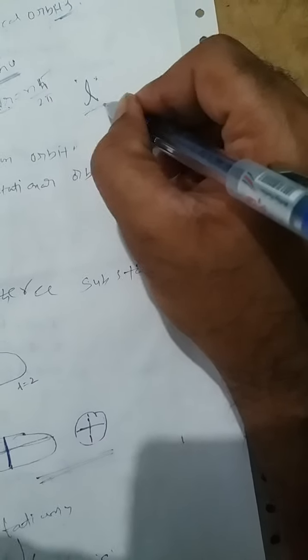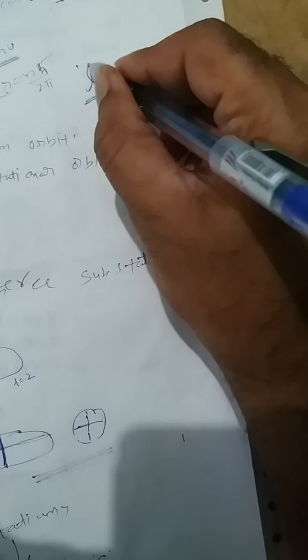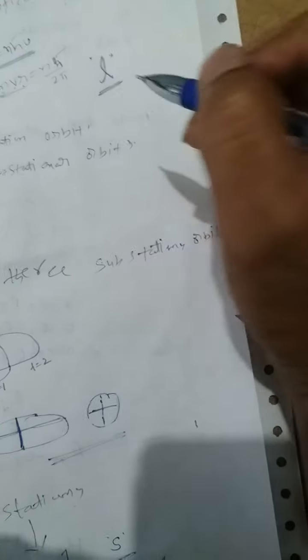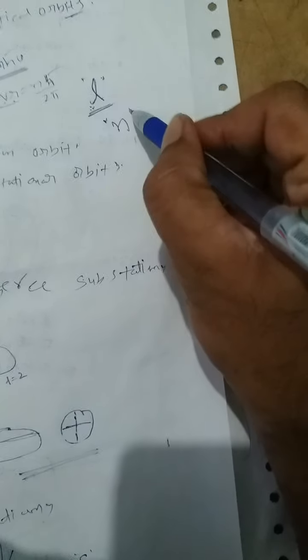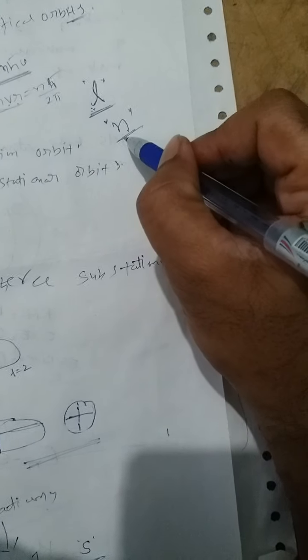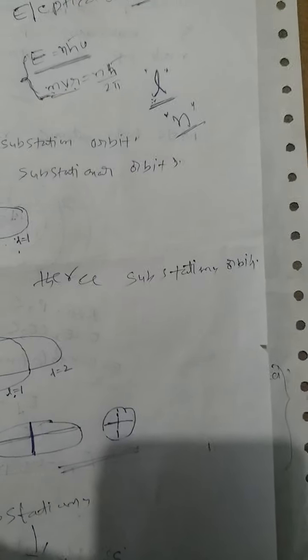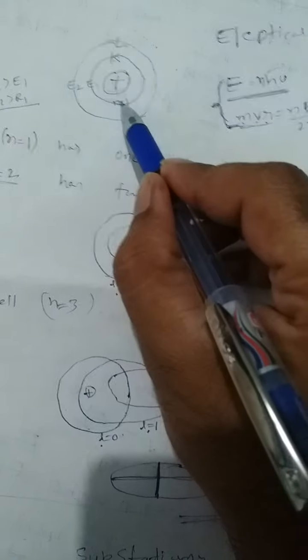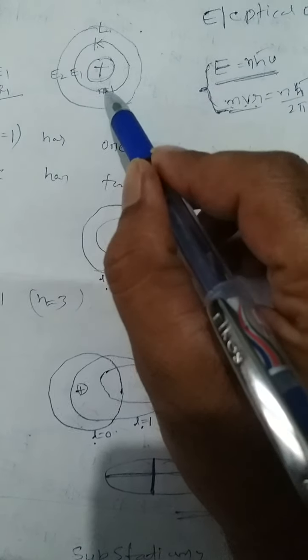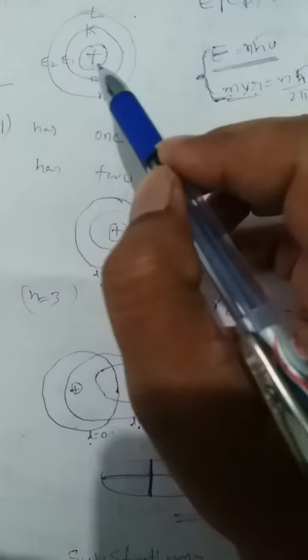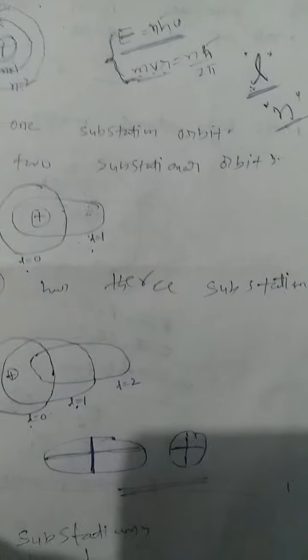This l has some values which depend on n values. The n value gives information about the stationary orbit. As the n value increases, the size and energy of the stationary orbit also increase.